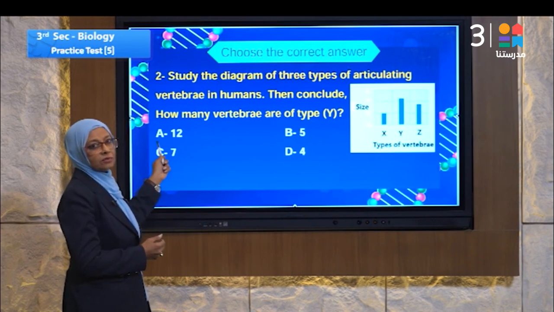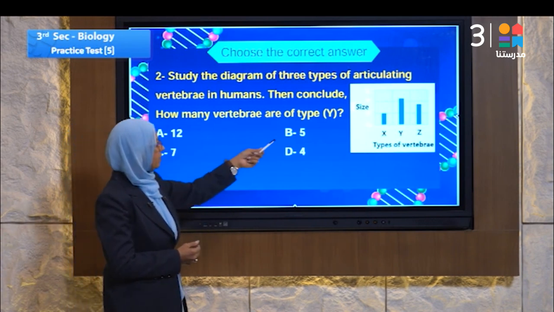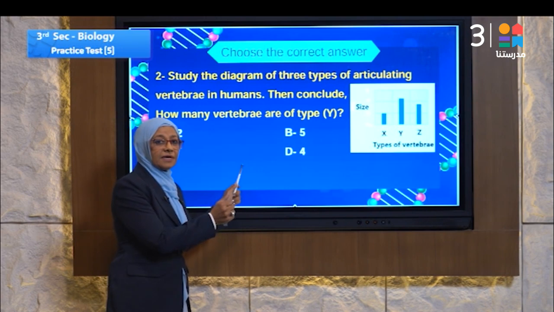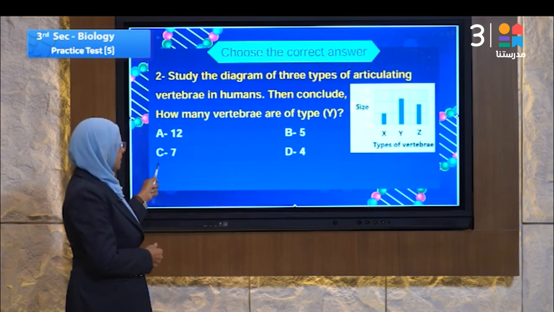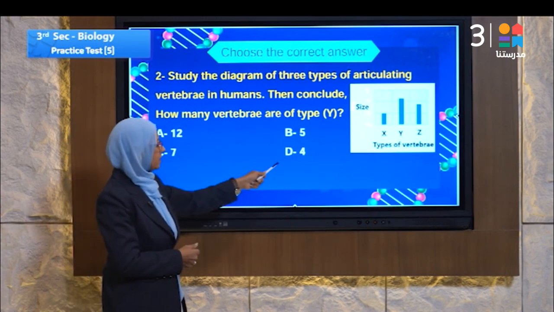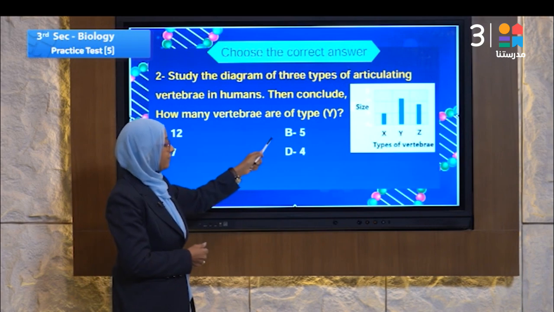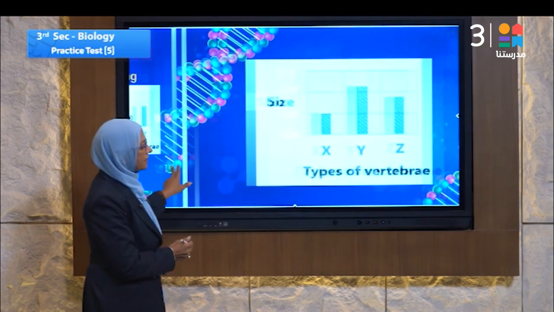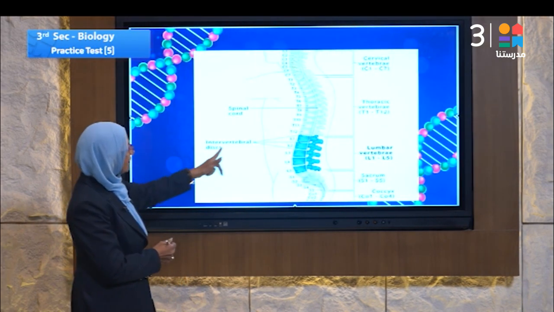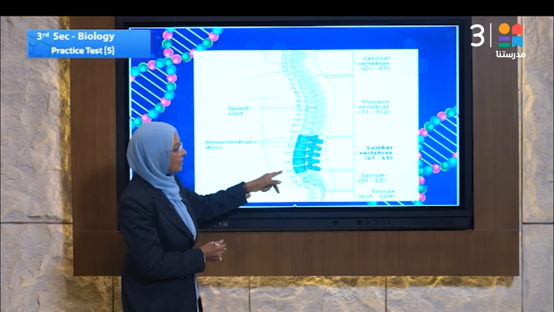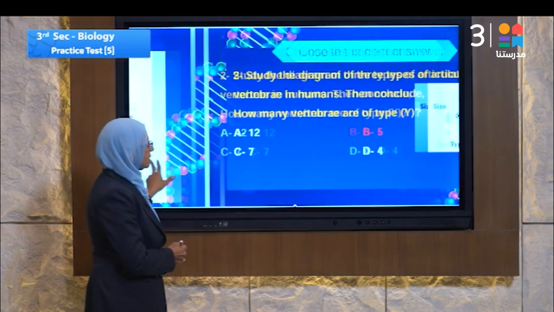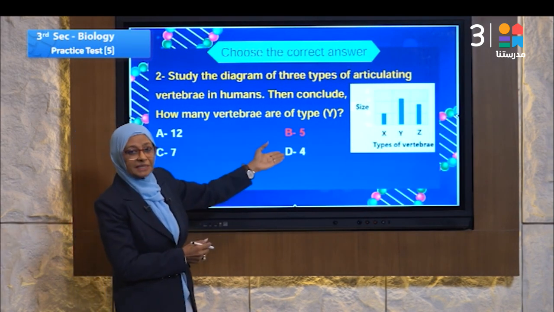No, they are not 12. B, 5? Yes, they are 5. 7? No. 4? No, they are 5. Lumbar vertebra. They are 5 lumbar, the largest vertebra. So the answer must be B.